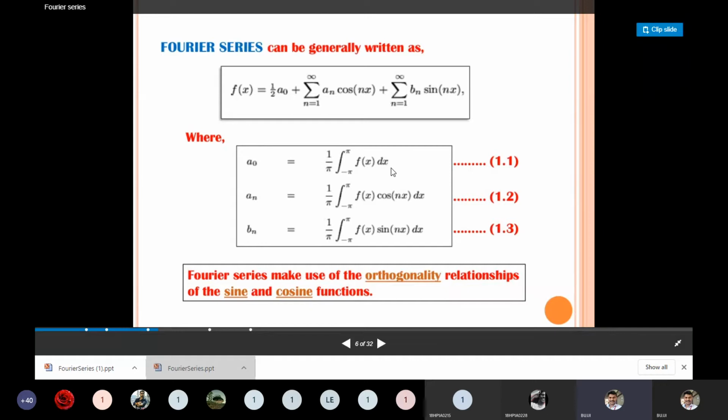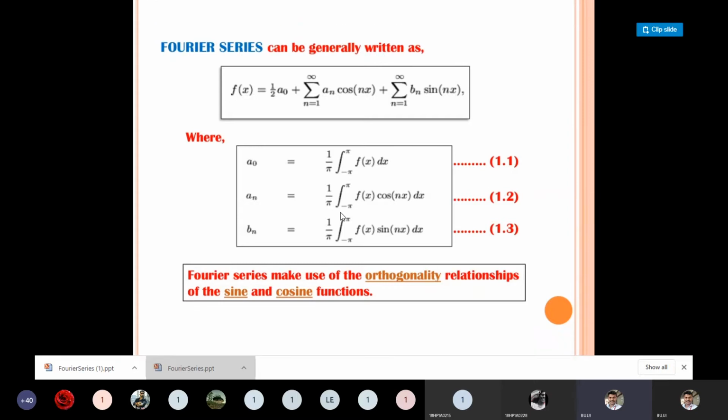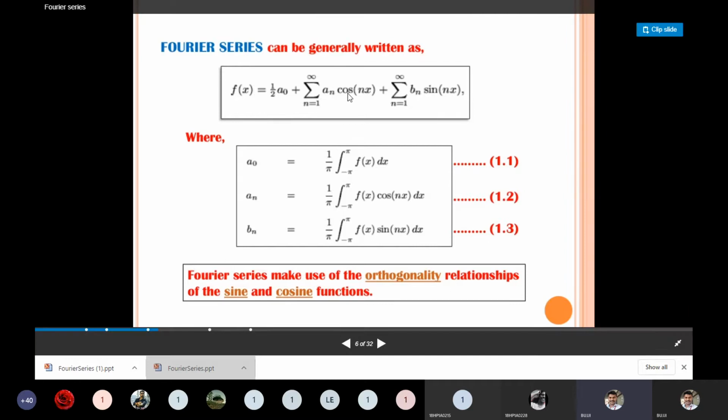And a n equals 1 by pi integral from minus pi to plus pi of f of x cos n x dx. A n is the even coefficient, b n is the odd coefficient. And b n equals 1 by pi integral from minus pi to plus pi of f of x sin n x dx.